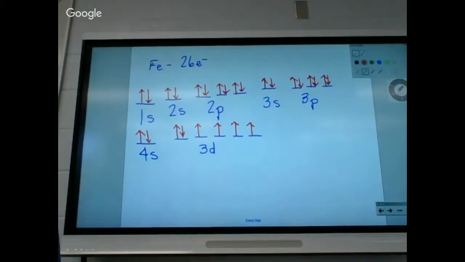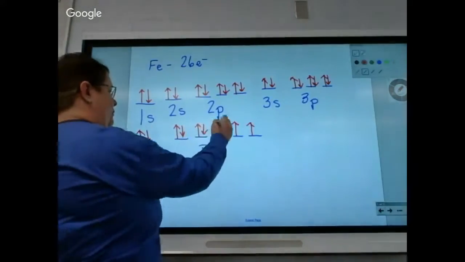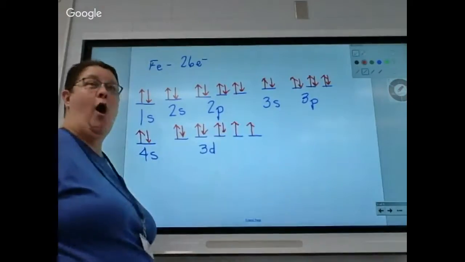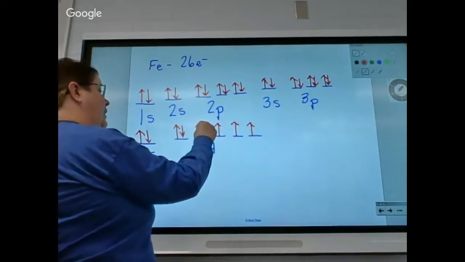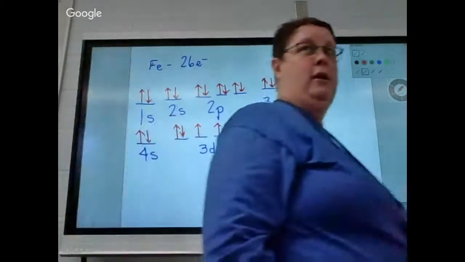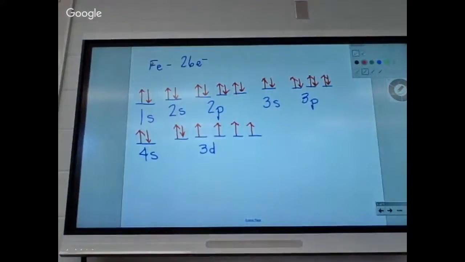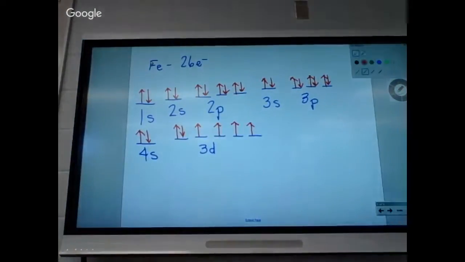So when Almaja said to me, if I had this, it's wrong. And most likely, she just counted wrong. She had the right concept, but she counted the electrons wrong. It would have been incorrect.